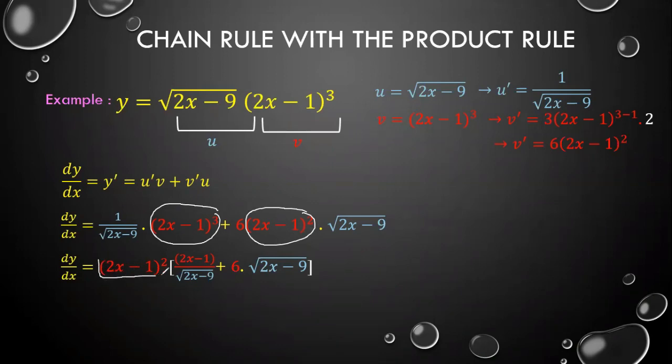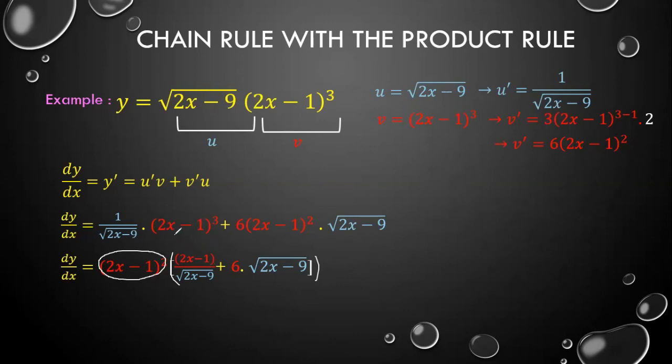Do you remember about distribution? Now we have to put 2x minus 1 squared outside of the parentheses, right? This is the parentheses, right? So we can put 2x minus 1 squared outside of the parentheses as the coefficient of all the functions, right?